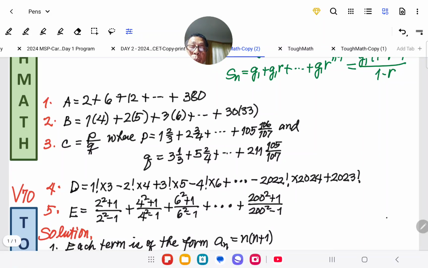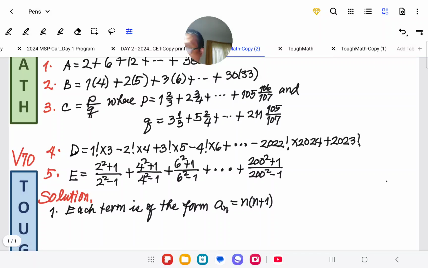Okay, 2 is 1 times 2, 6 is 2 times 3, 12 is 3 times 4, and so on. And we can also write this as n squared plus n.